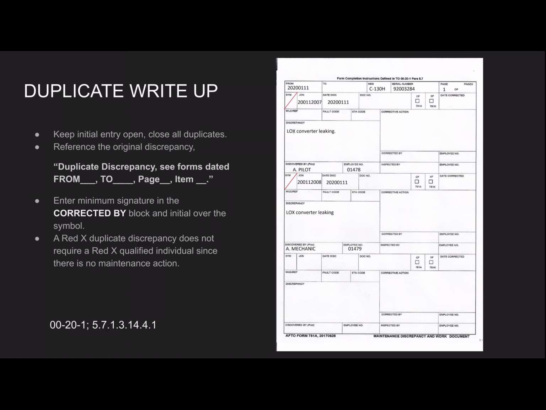And then you're going to enter your minimum signature requirements as applicable for that original symbol. So here it's going to be corrected by, put your initial over that symbol, and then write up your discrepancy as you should have done.